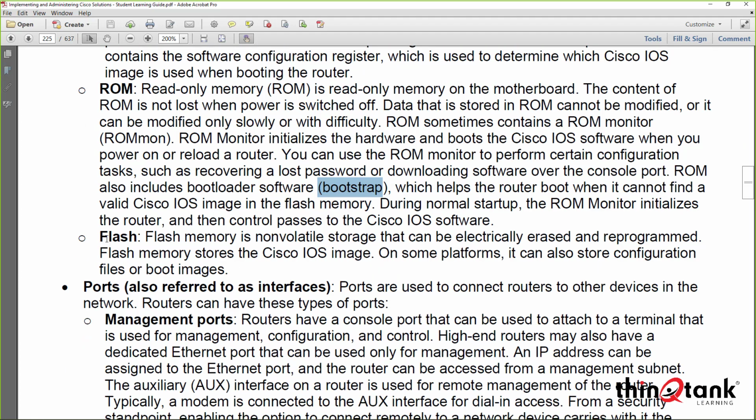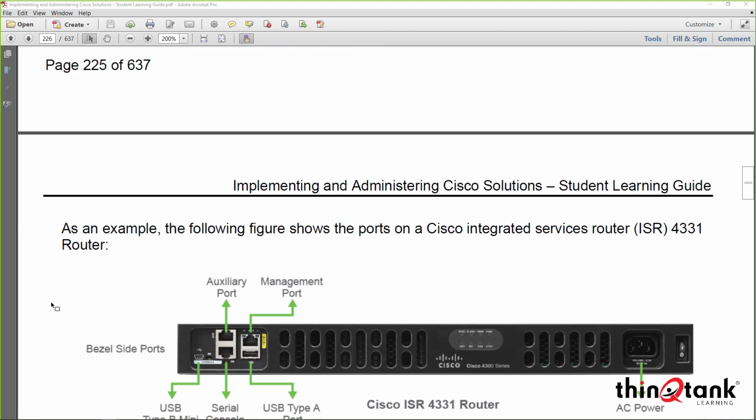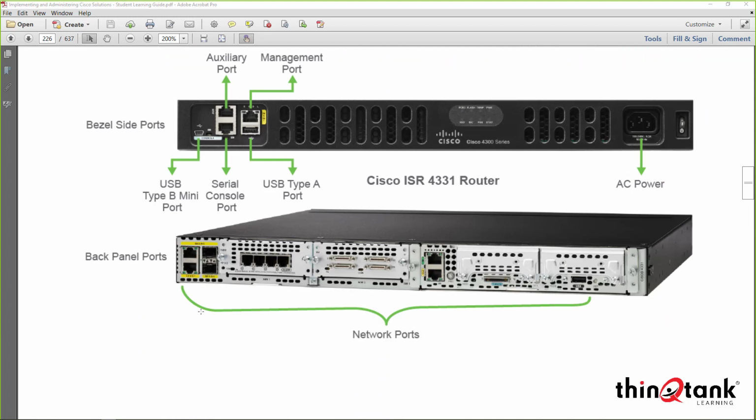And then flash is my hard drive. That's also non-volatile. It's a static or solid state storage device. It could either be a DIMM that's inside on the motherboard, or it could be a compact flash card that's external to the device. But it stores our boot images, it stores other files, and so on. And then, of course, we have all of our interfaces and our ports, right? On our devices, we have physical interfaces, and those will vary depending on the type of router we have.